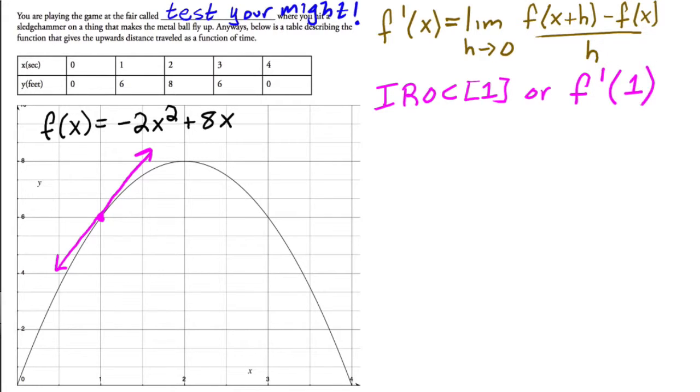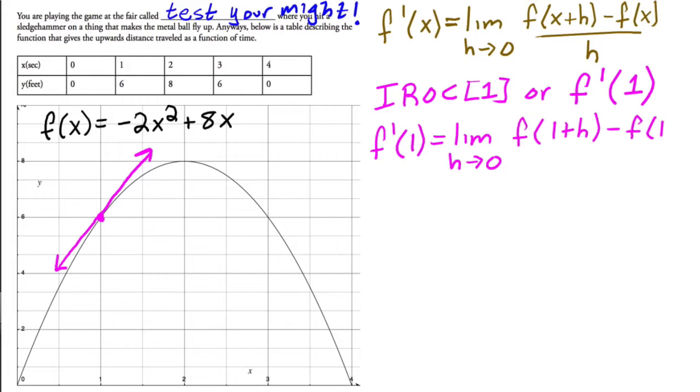Okay, so let me rewrite it as f prime at 1. So this is also known as the derivative of the function f at 1. So f prime at 1 is equal to the limit as h approaches 0 of f of 1 plus h minus f of 1 all over h.